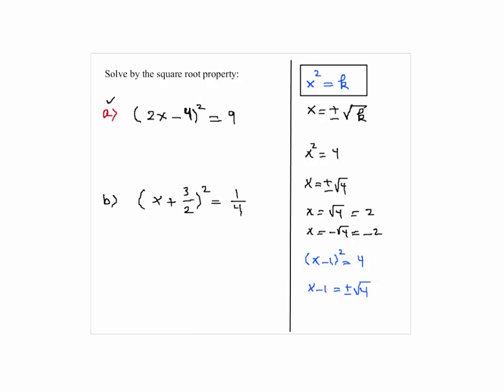When I take the square root of the left-hand side, the square root and the 2 would cancel each other out, because the square root of something is equal to x to the power of 1/2, right? So if I take a square root of this side here, that's what you're really doing.